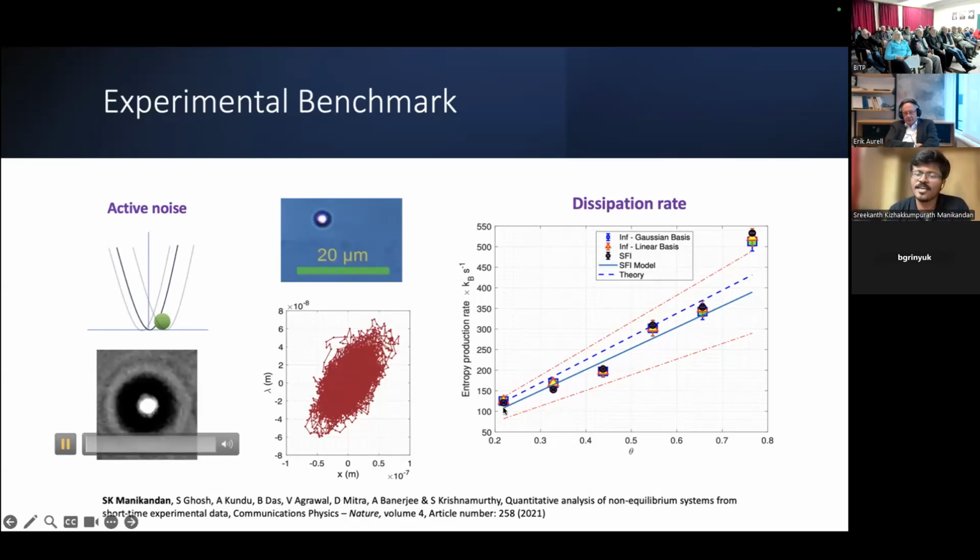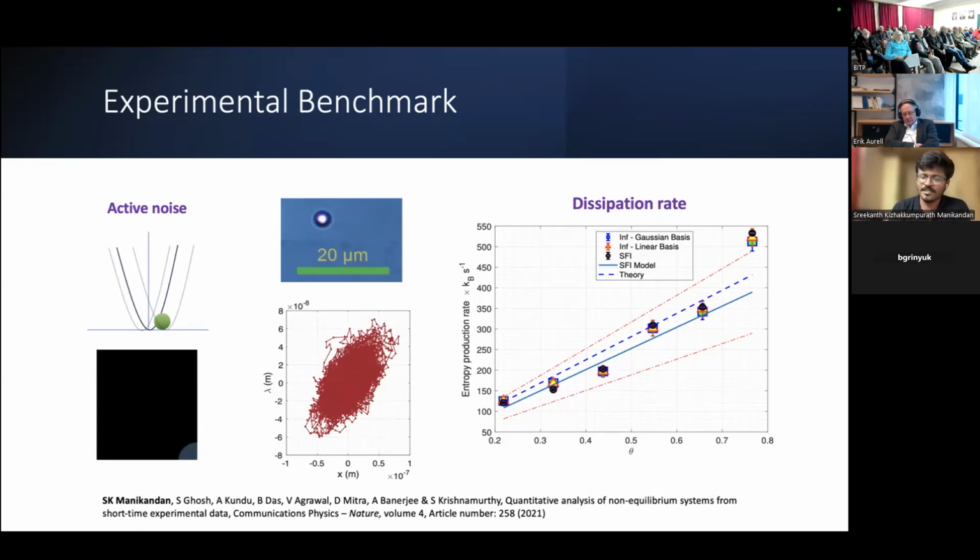So here we have a bunch of straight lines corresponding to different values. The blue one is the theoretically predicted value of dissipation, and there are a bunch of error bars. And you see that for a range of values of theta, which here corresponds to the amplitude of shaking the particle, we get estimates of dissipation within reasonable agreement of the theoretically predicted values.